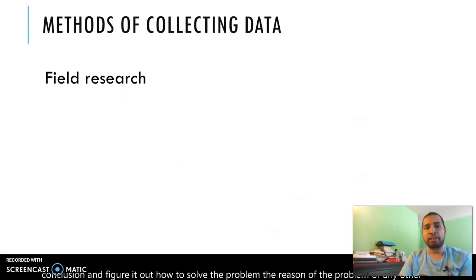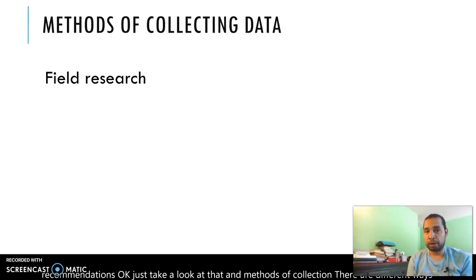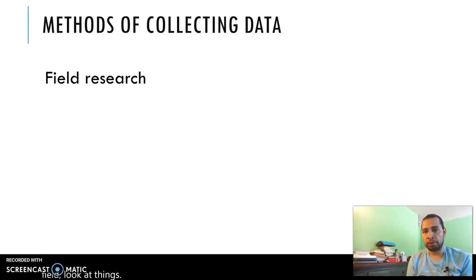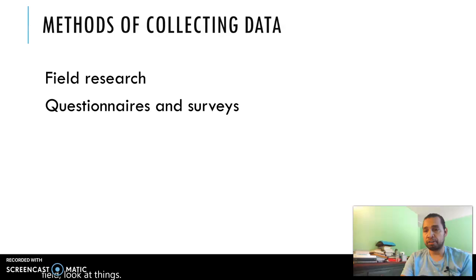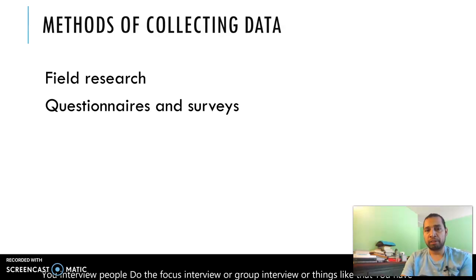As for methods of collection, there are different ways of collecting data. Field research is one of the methods. You go to the field, look at things, you interview people, do a focus interview or group interview, things like that. You have questionnaires and surveys. You prepare certain questions and ask people to answer those questions, or do survey questions and send them out, maybe as a hard copy, or maybe you email the survey questions and people will answer.